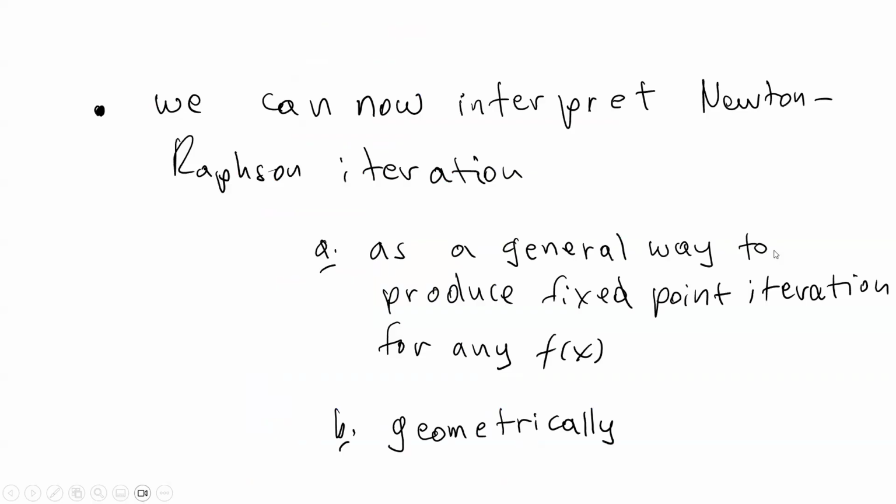We can now interpret Newton-Raphson iterations as a general way to produce a fixed point iteration for any function, and geometrically, the Newton-Raphson method uses a tangent line to approximate the root, as we discussed earlier.